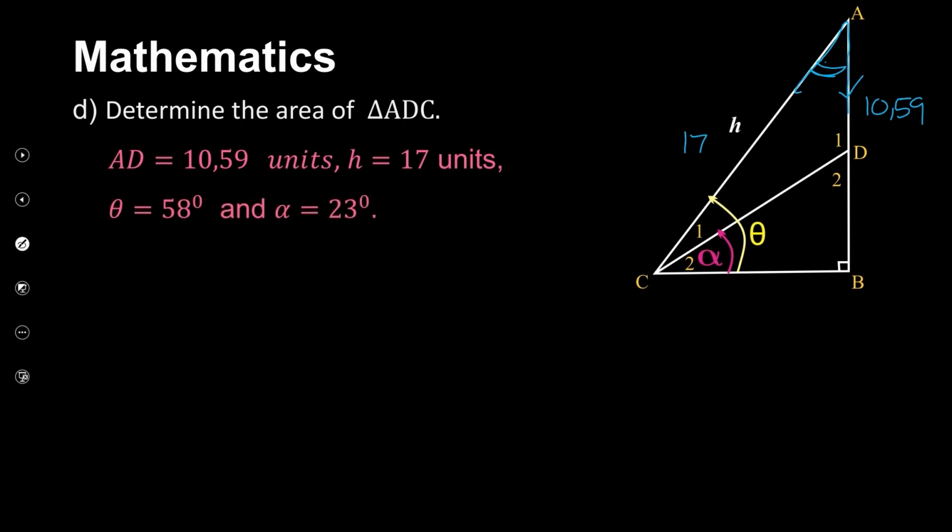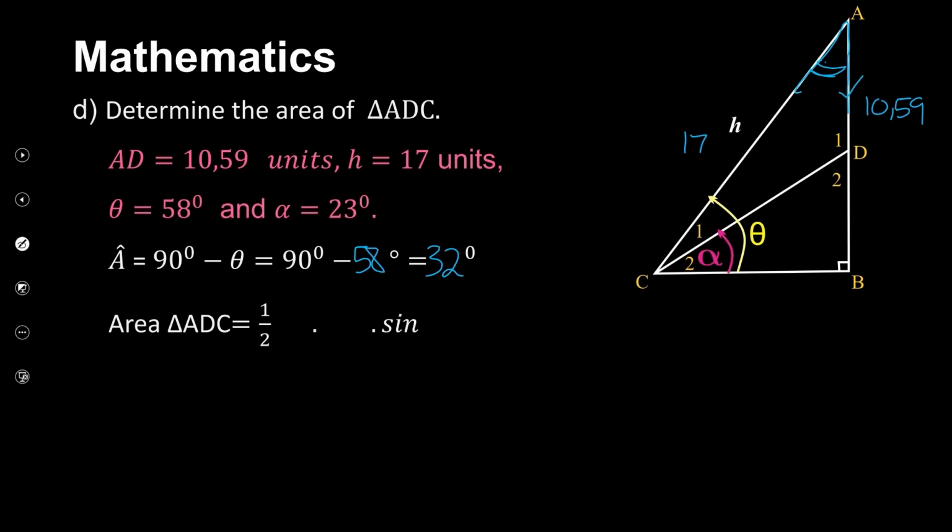So they've given us also that theta is equal to 58 and alpha is equal to 23. So angle A, which was 90 minus alpha, must now be 90 minus theta, which is 90 minus 58, which is 32 degrees.